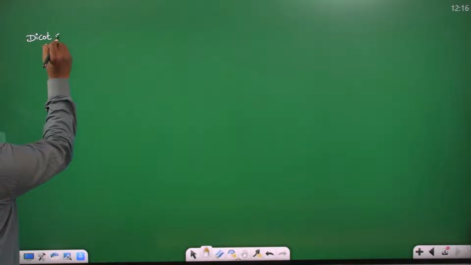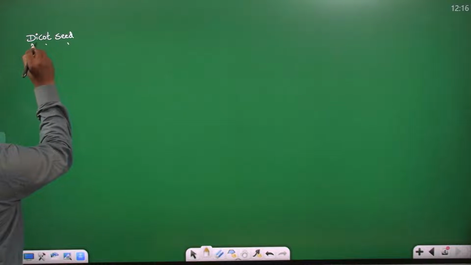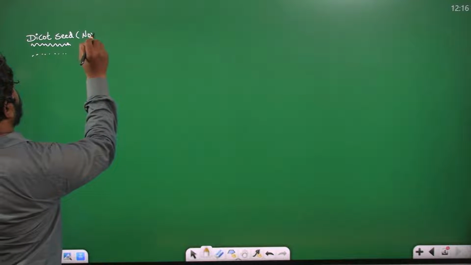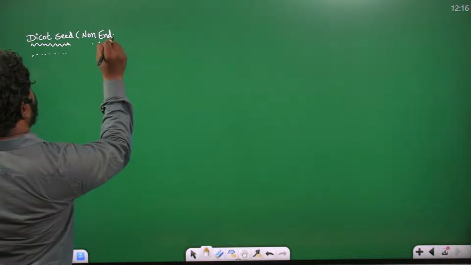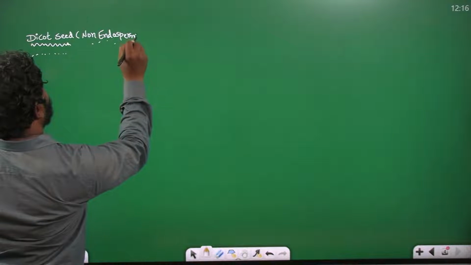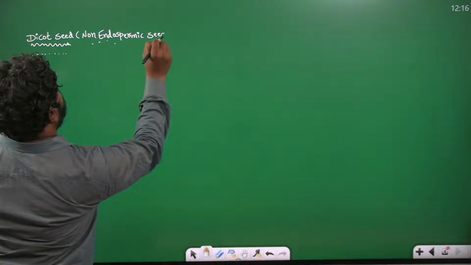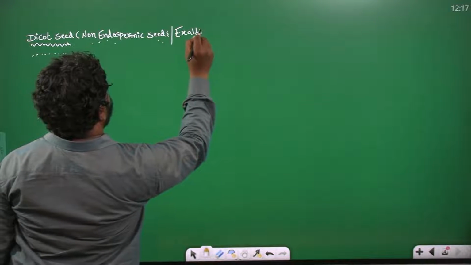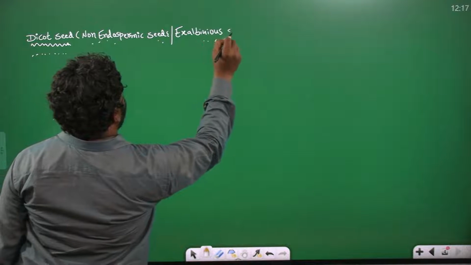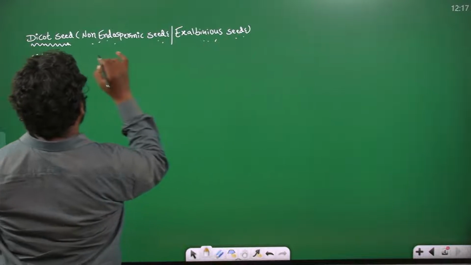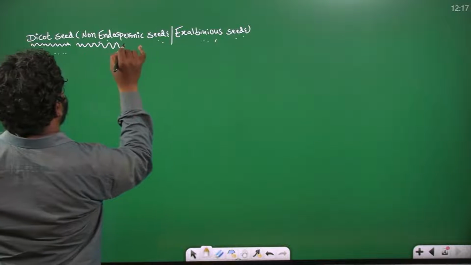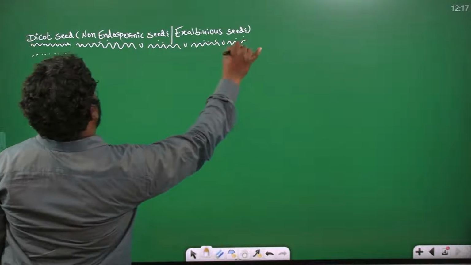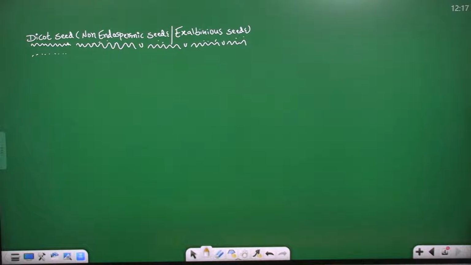Dicot seed, in bracket, non-endospermic seed, or ex-albuminous seeds. Structure of dicot seed or non-endospermic seed or ex-albuminous seeds.